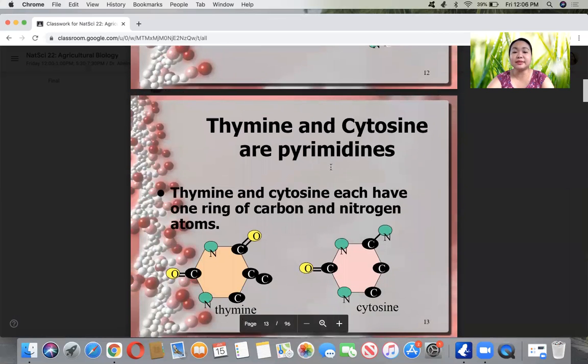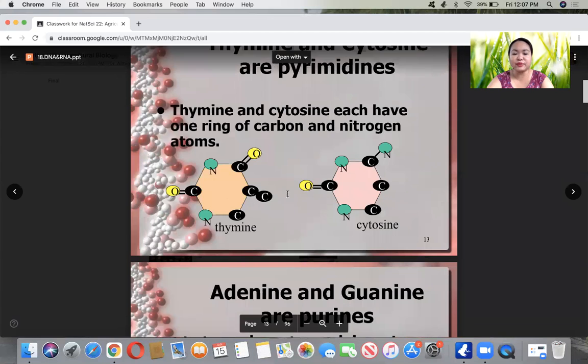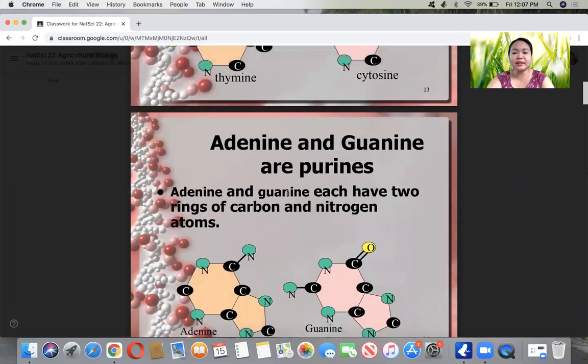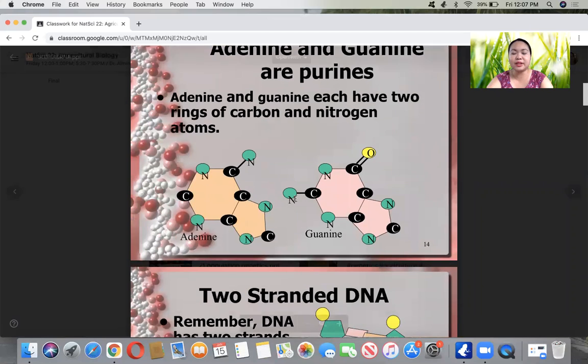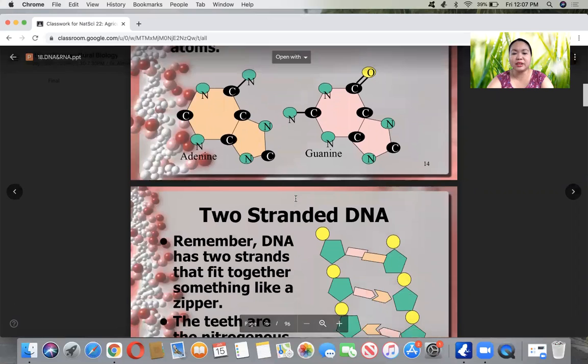Thymine and cytosine are pyrimidines, with one ring of carbon and nitrogen atoms, as shown on the figure. Adenine and guanine are purines, each having two rings of carbon and nitrogen atoms, as shown on the figure.